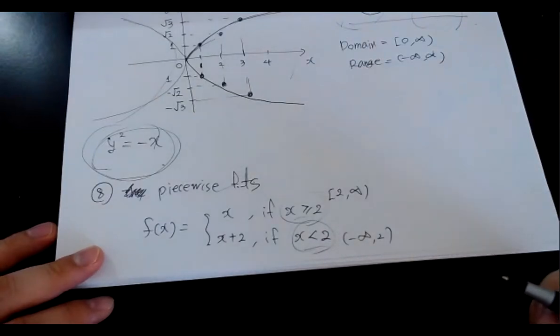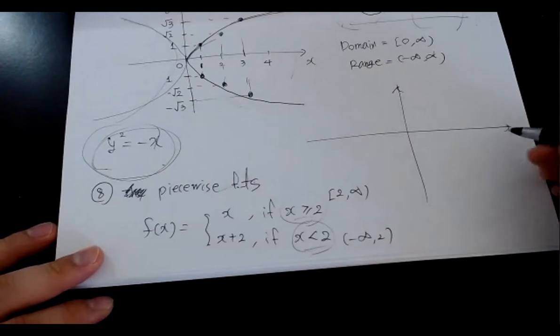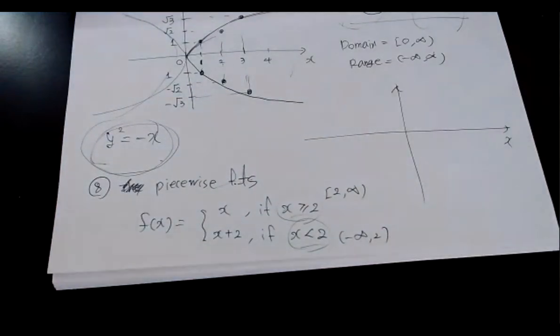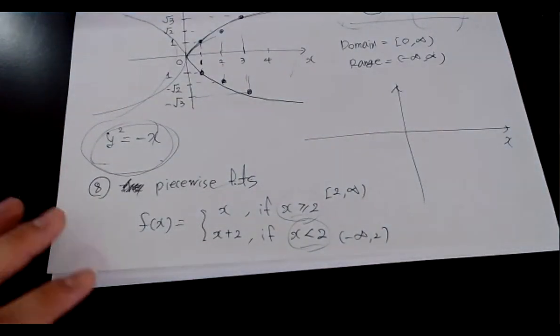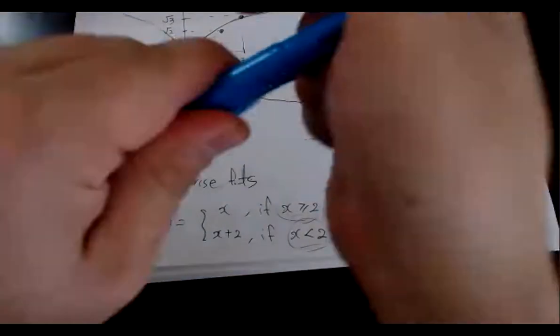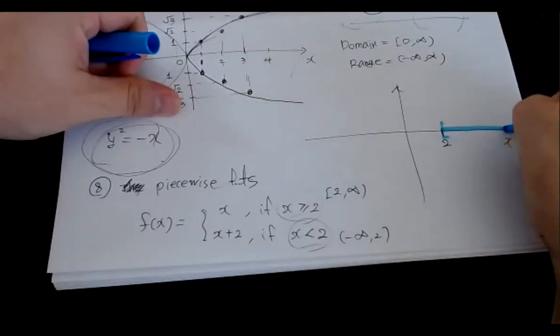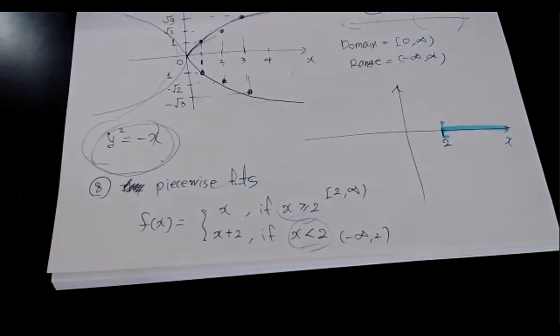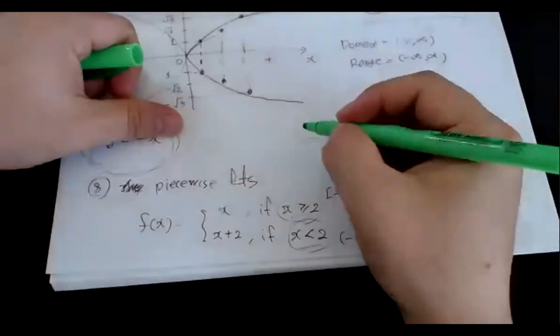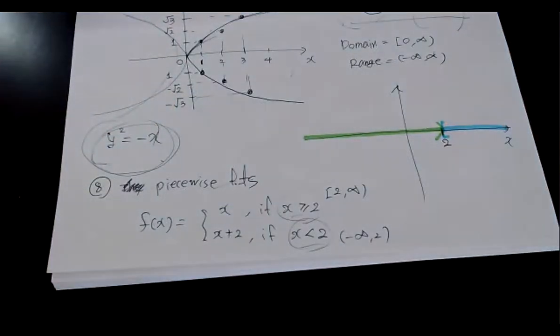Now we divide the x-axis into two intervals, 2 to infinity and negative infinity to 2. Right there is 2.